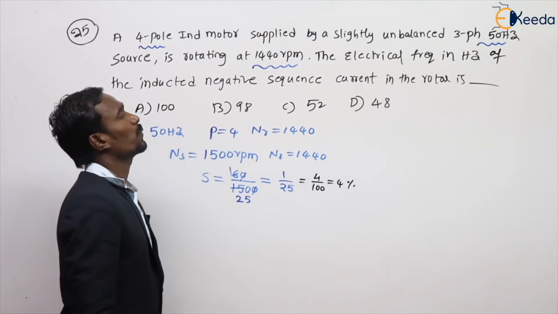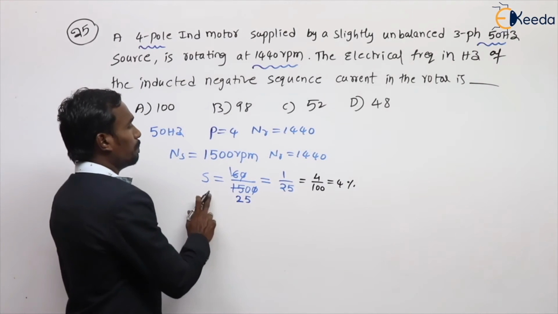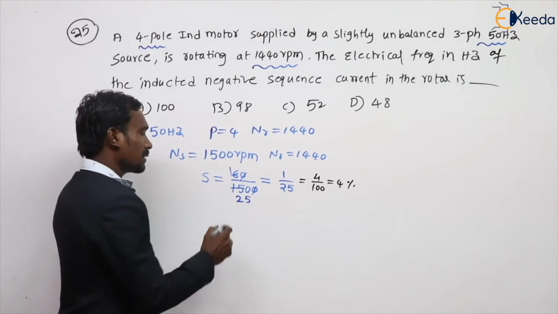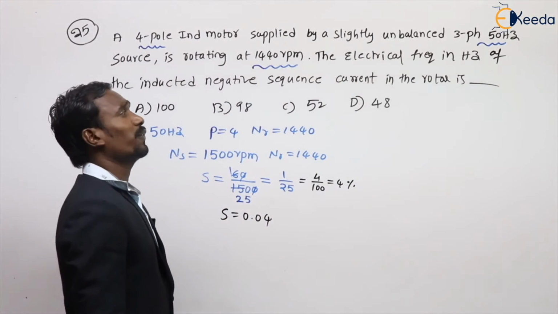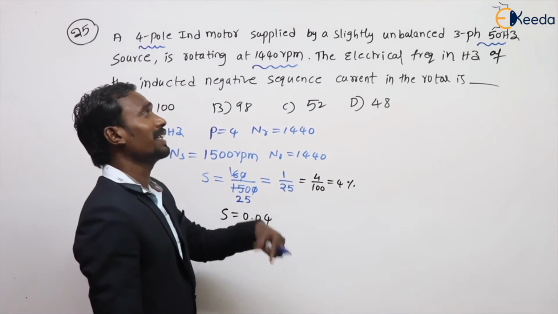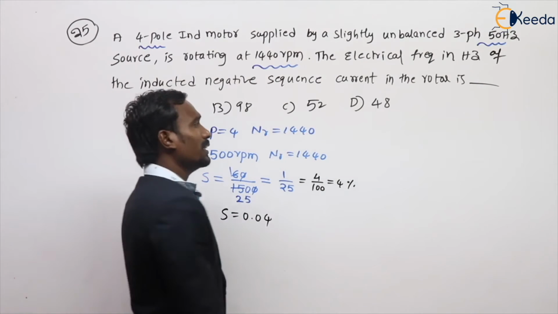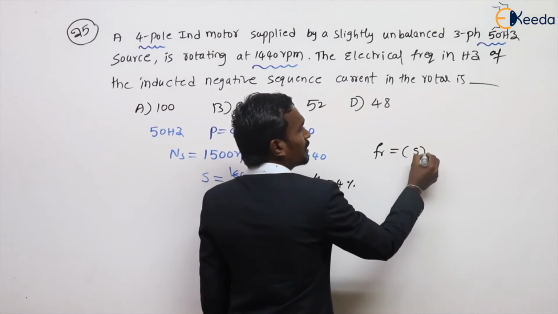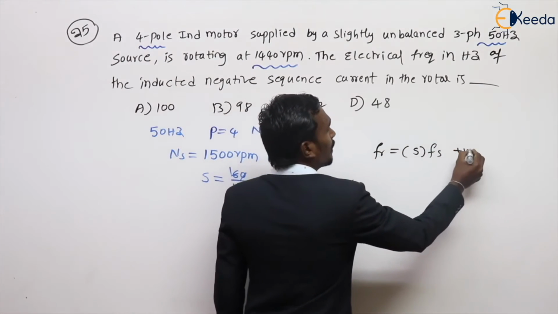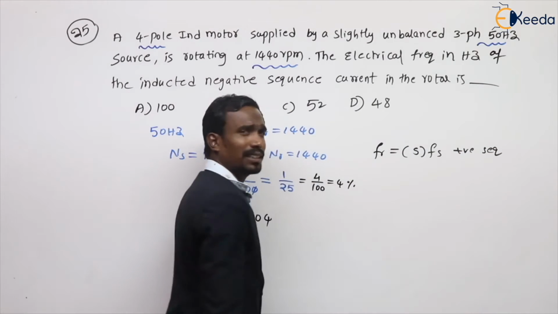Right? Now, slip is 4%. But they want the frequency of rotor currents in negative sequence. What is the formula? Rotor frequency is equal to S into Fs for positive sequence. This is not correct here.